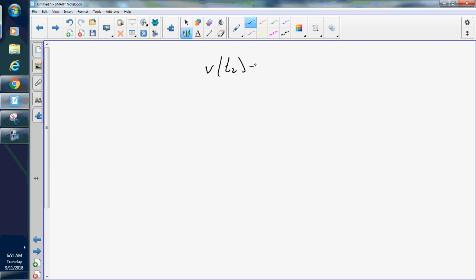Now if we look at the change in velocity, velocity at time 2 minus velocity at time 1 over time 2 minus time 1, that's just taking some fixed values and working them. And this would be called average acceleration.